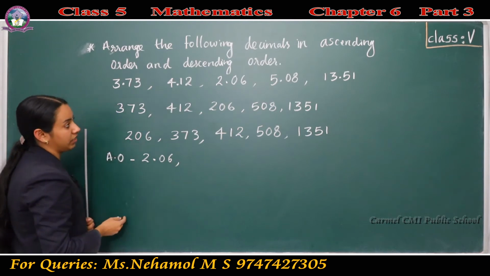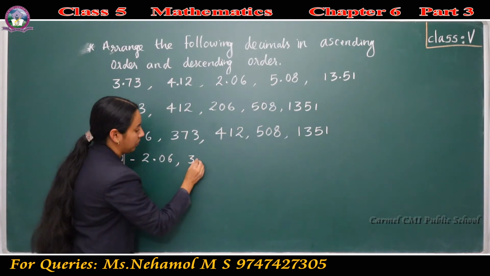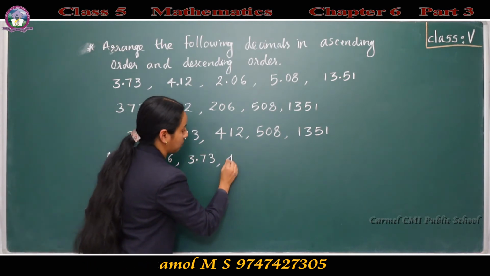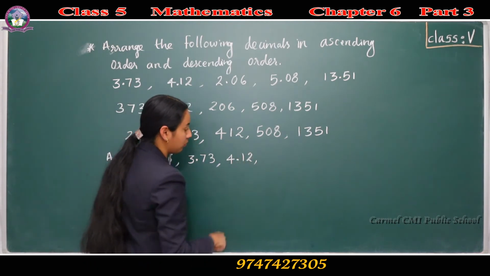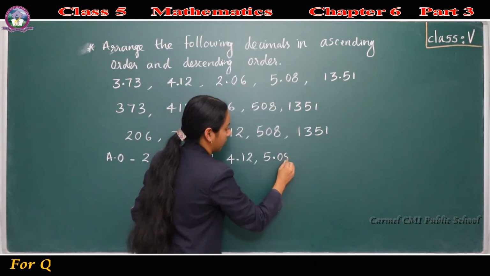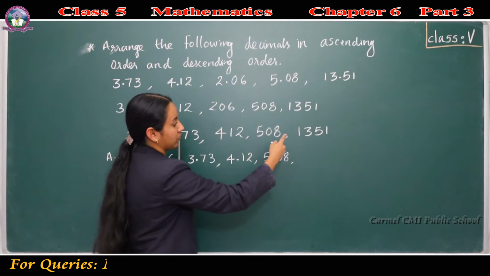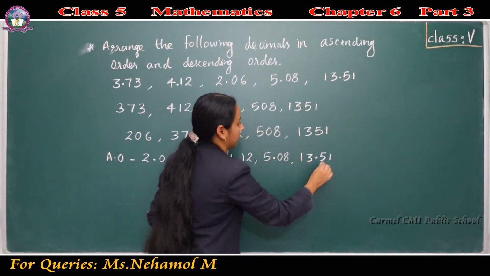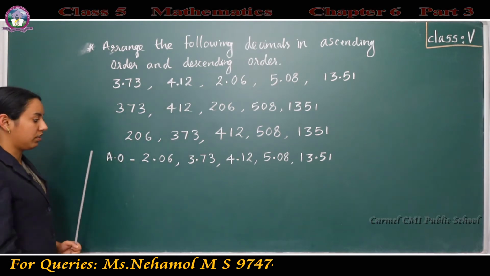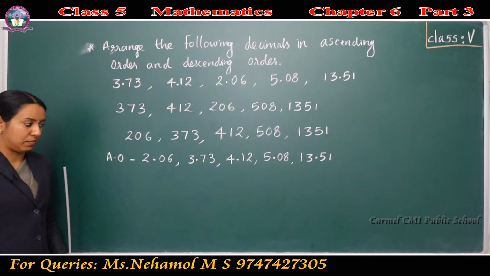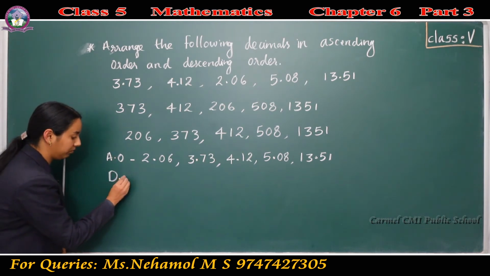2.06, then 3.73, then 4.12, then 5.08, then 13.51. This is the ascending order of decimals. Then what is descending order?